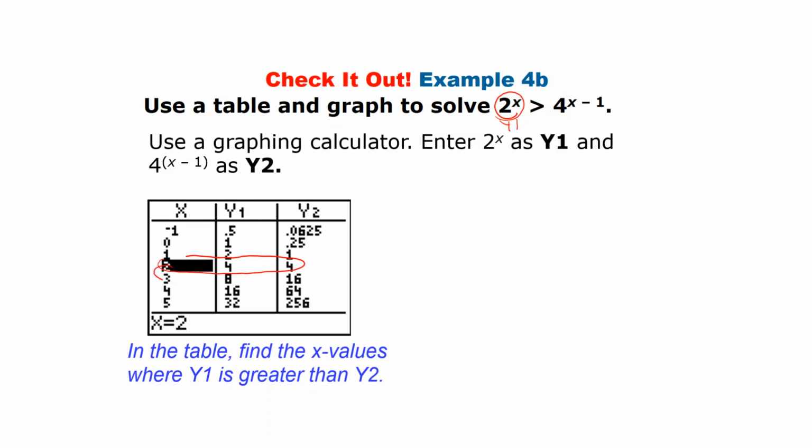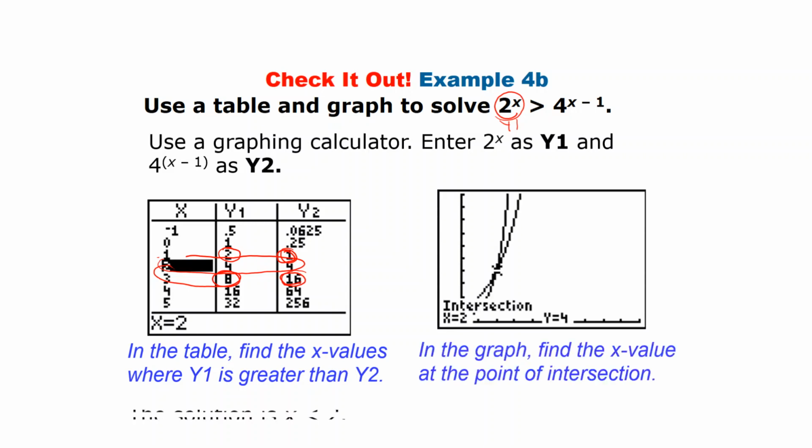So when x is 3, y1 is less than y2, but when x is 1, y1 is greater than y2. So our answer is going to be when x is less than 2, then that satisfies our equation.